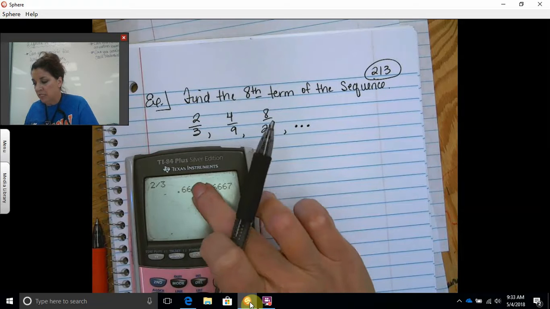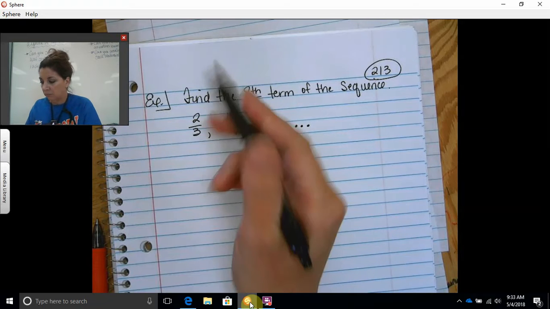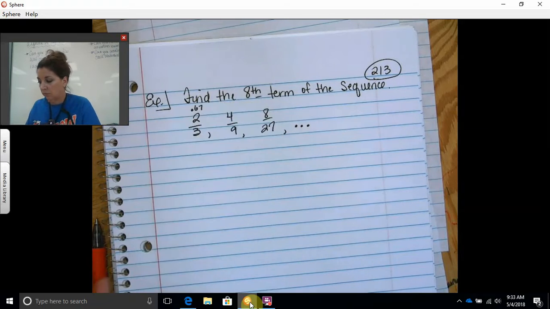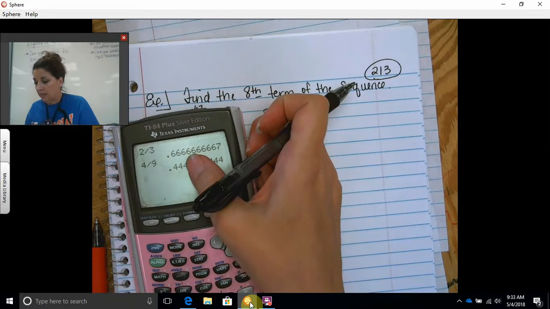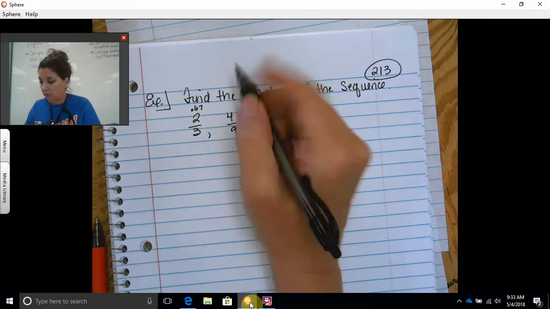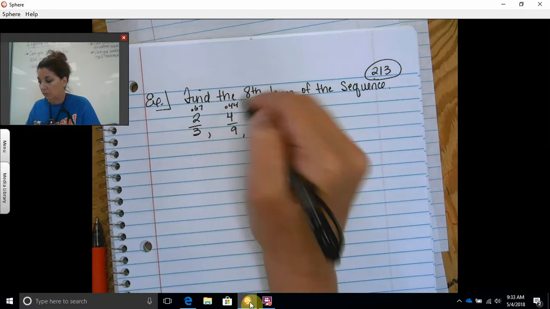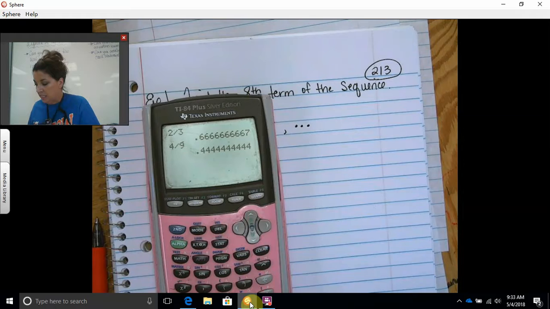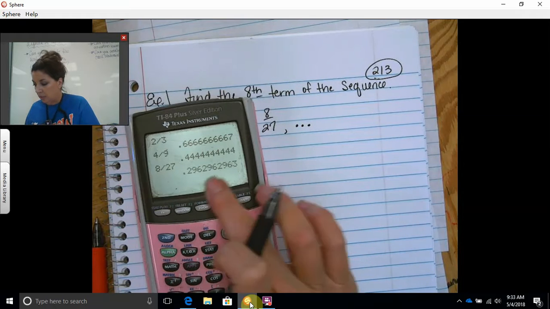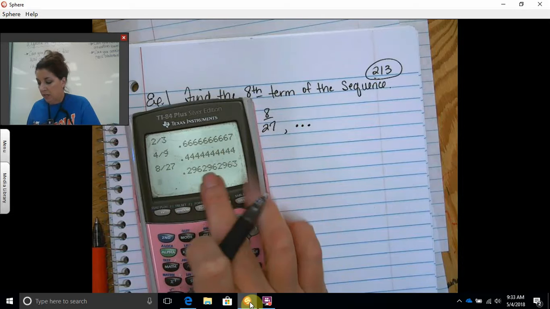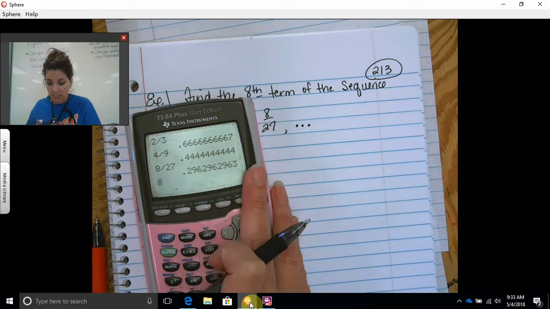So this would be 0.67, right? 4/9, 4 divided by 9, that'd be 0.44. 8/27, or yeah, 8 divided by 27. If we're rounding it to the hundredths place, would be 0.30.